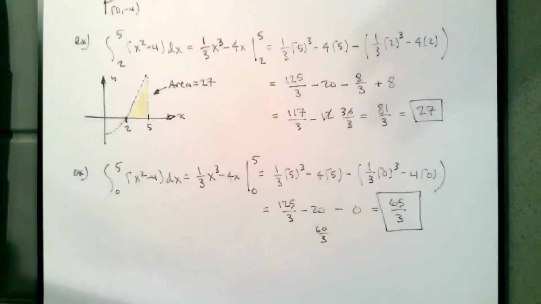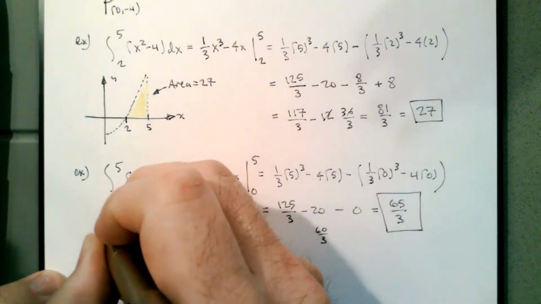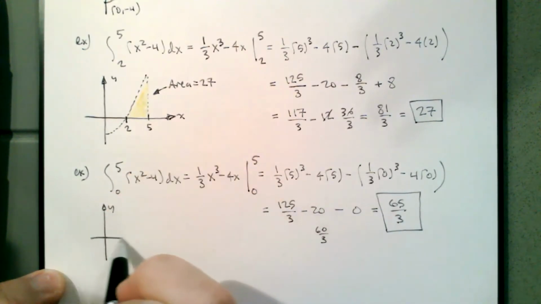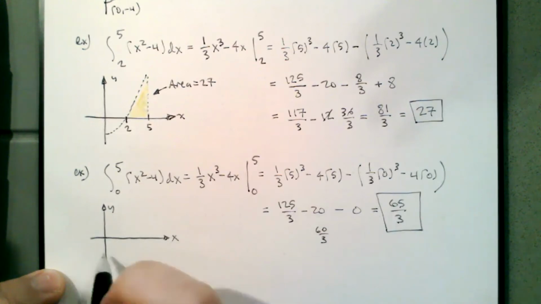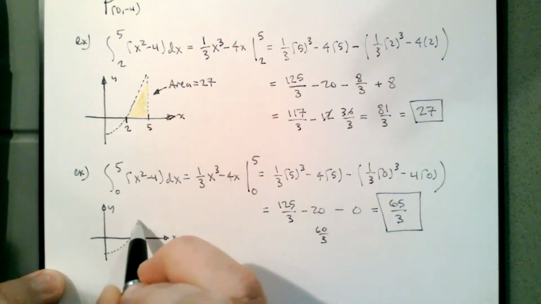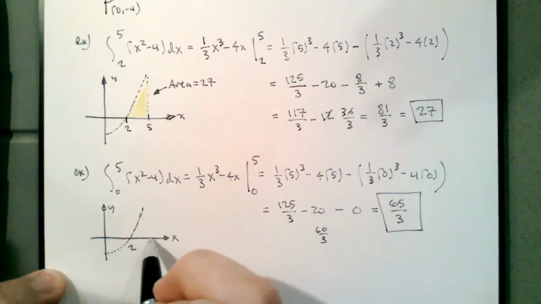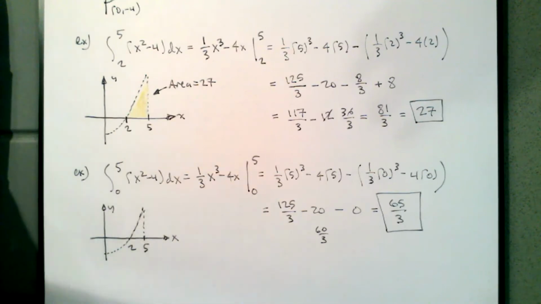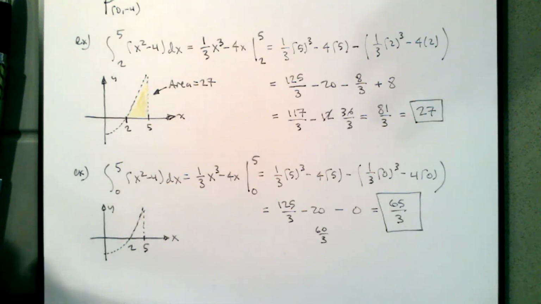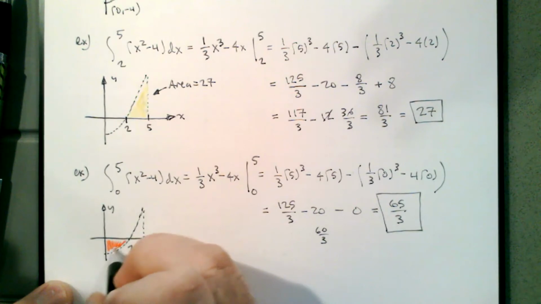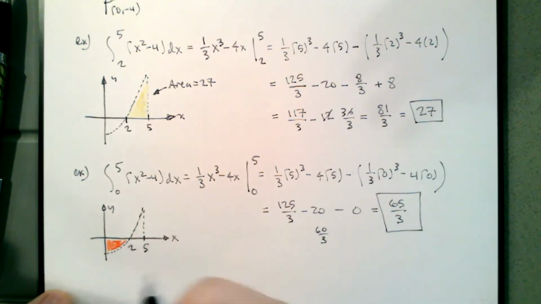So what happens here is that when we integrate from 0 to 5, we have a definite integral from 0 to 2 of negative 16 over 3.